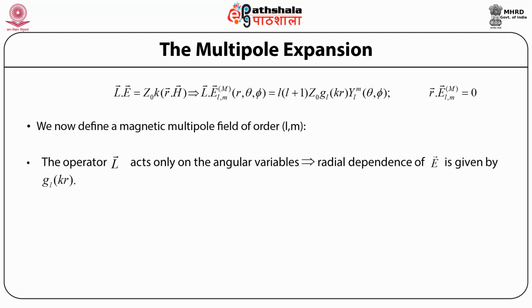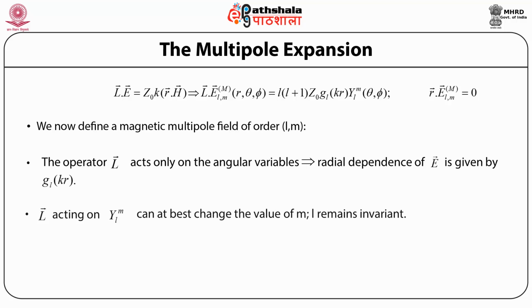The operator L vector acts only on the angular variables, which implies that the radial dependence of E vector is given by g_l of kr. L vector acting on Y_lm can at best change the value of m, and l remains invariant.